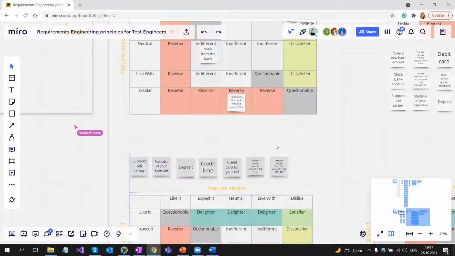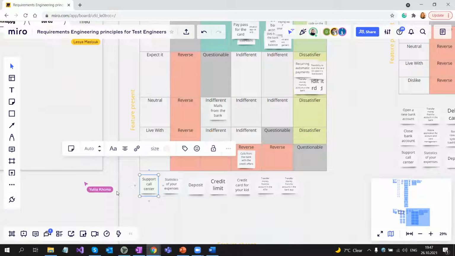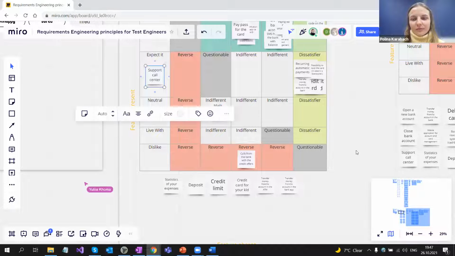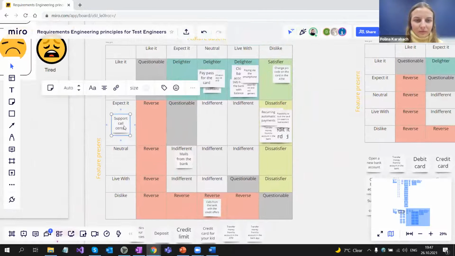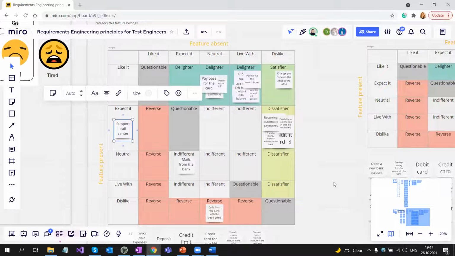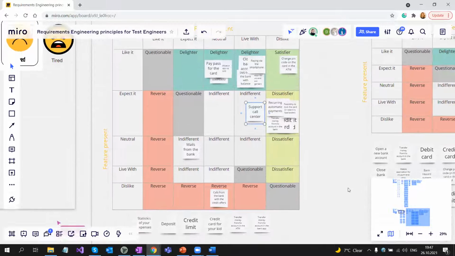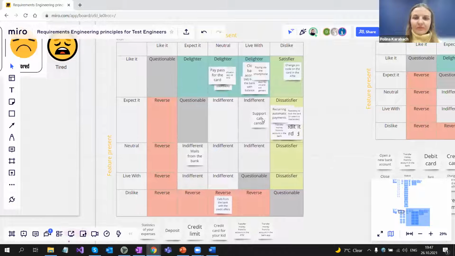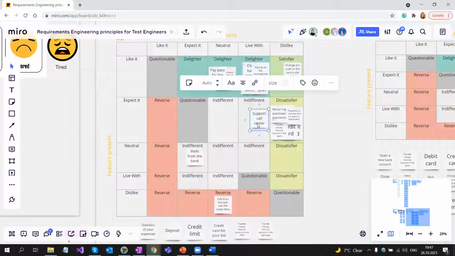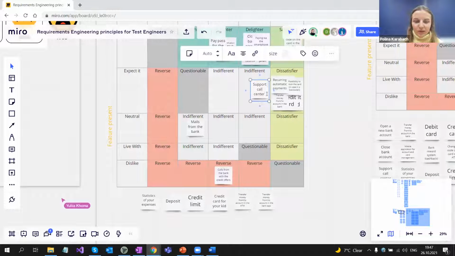Yeah, it's maybe not the thing that you expect from the bank app exactly, but of course I would kind of like it, and would live with it if it will be absent, if some special support calling functionality will be missed from the app. Because I still normally use a phone number from an external source. Anyway. All right. In the app, let me add that one.